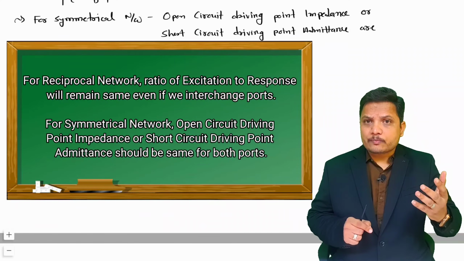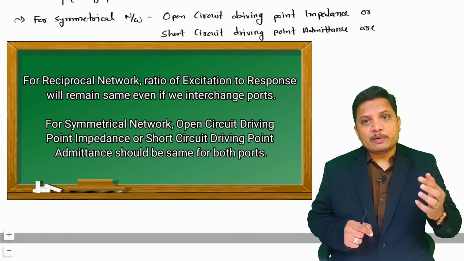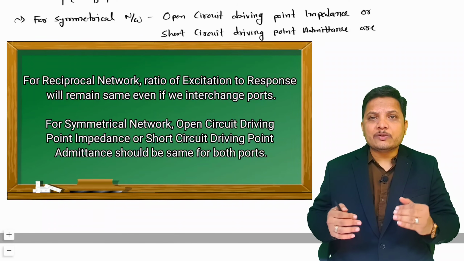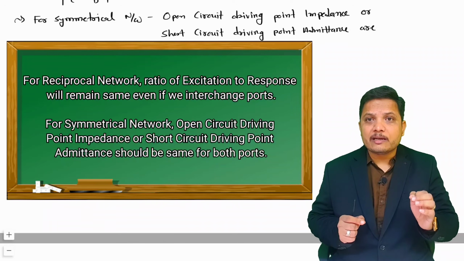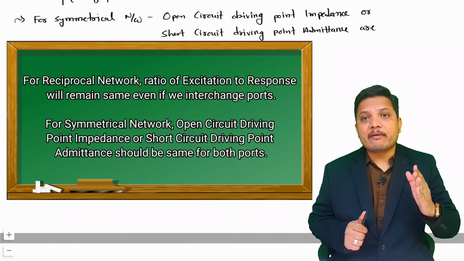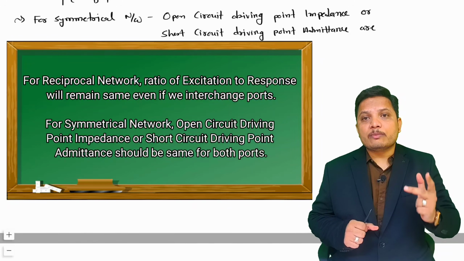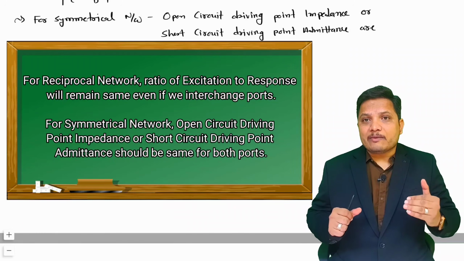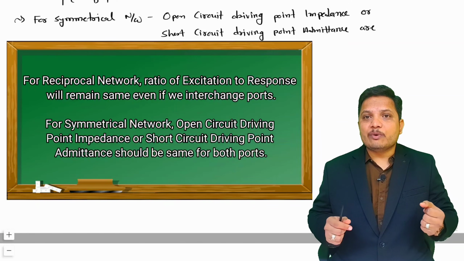You can use the short circuit driving point impedance also, as well as the open circuit driving point admittance, but for that there are some issues in measurement. That's why I have kept this definition specific, in which I am considering the open circuit driving point impedance and short circuit driving point admittance. That should be the same for both of the ports for a symmetrical network. In synthesis of networks, I'll explain why we are considering this definition. Right now you just remember this definition to derive the conditions for parameters.